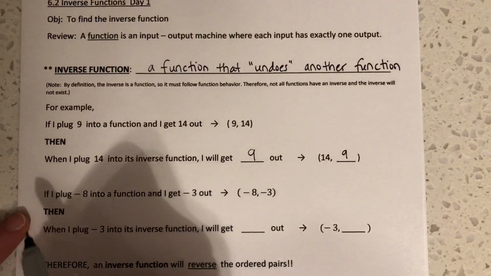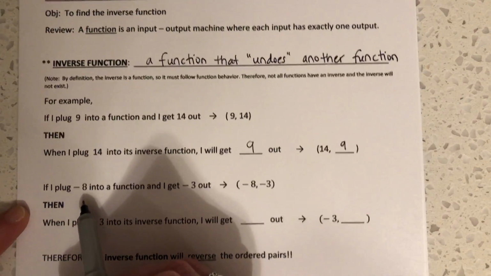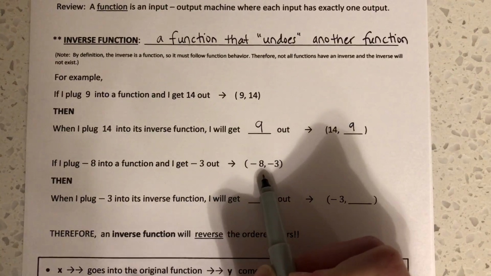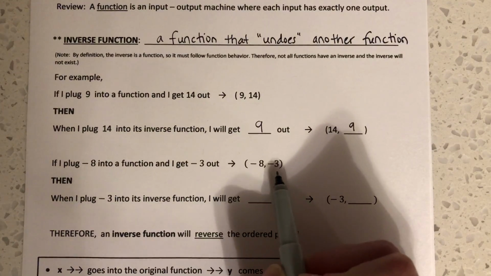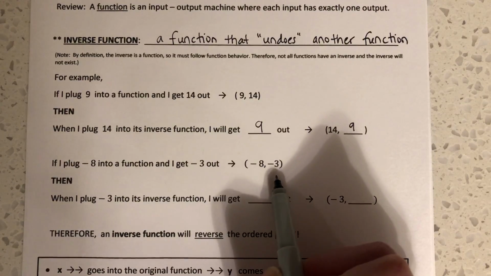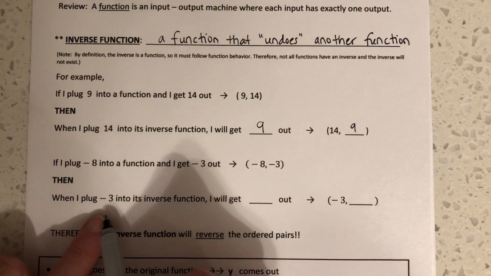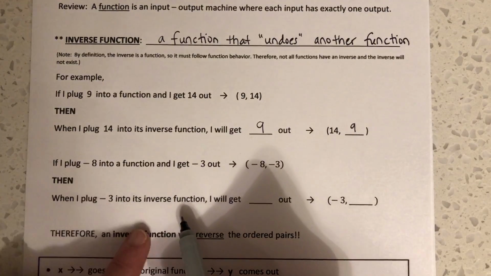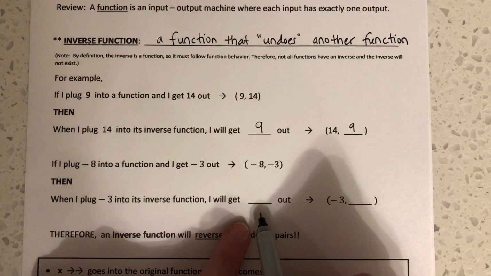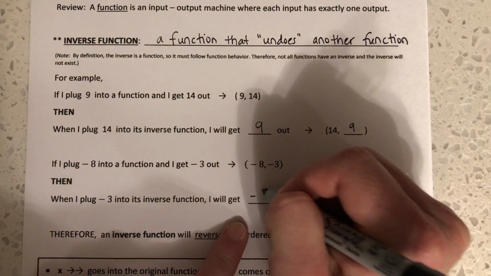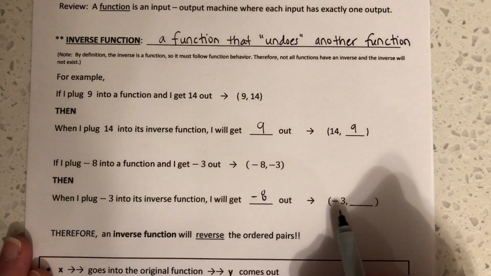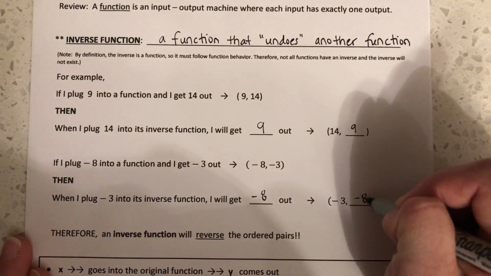All right, let's look here. Let's say you plug -8 into a function, and I get -3 out. That creates the ordered pair (-8, -3), right? -8 went into the function, and -3 came out. Well, if I plug -3 into the inverse function, it's going to undo all of those operations, and I should get -8 back out. So that creates the ordered pair (-3, -8): -3 went into the inverse, and -8 came out.